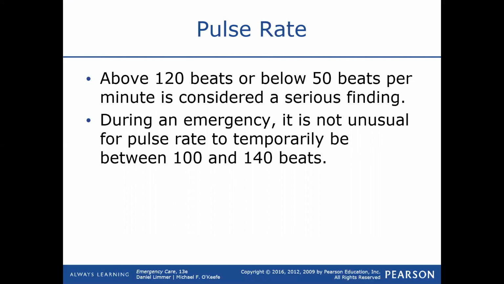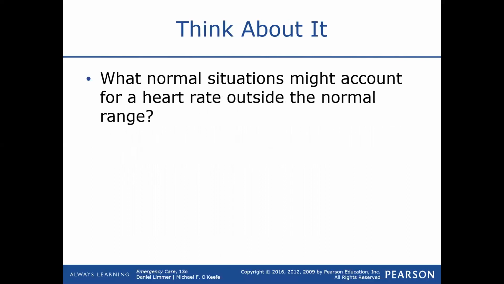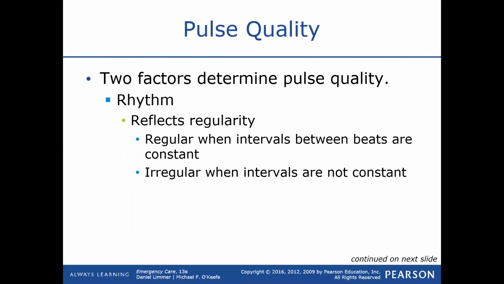Again, if there's a reason for their heart to be above 120, maybe not be concerned about it, but say, all right, well, let's give you 5 minutes and we're going to check it again. Make sure it comes down. Something for you guys to think about: what normal situations might account for a heart rate outside of a normal range? We just kind of talked about that.